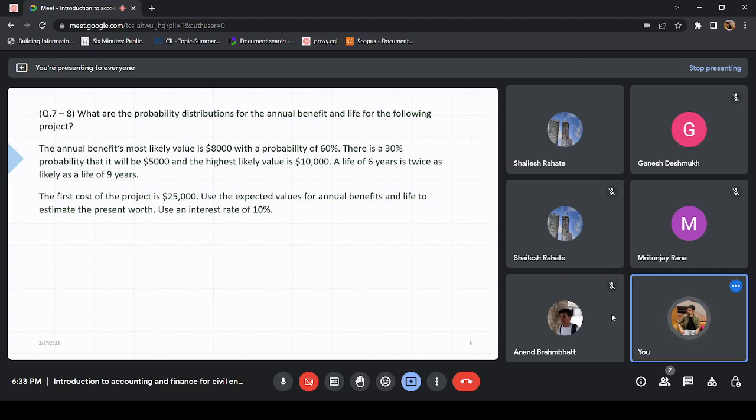Or do you want to repeat the replacement analysis questions? What happened and why did it happen? Things like that.